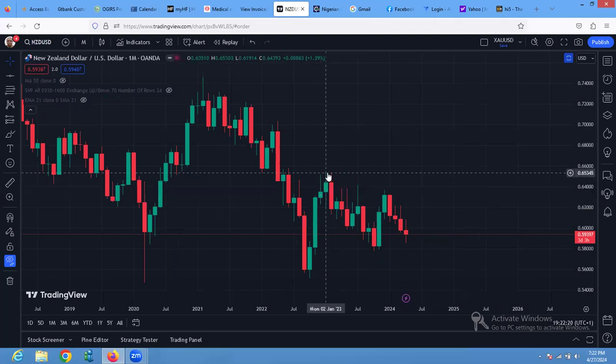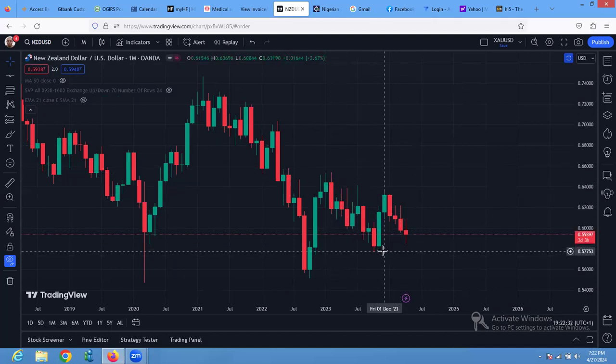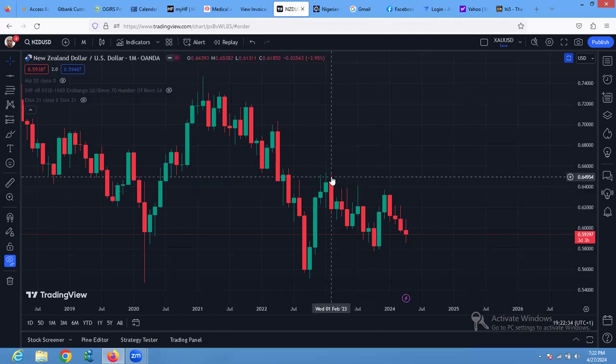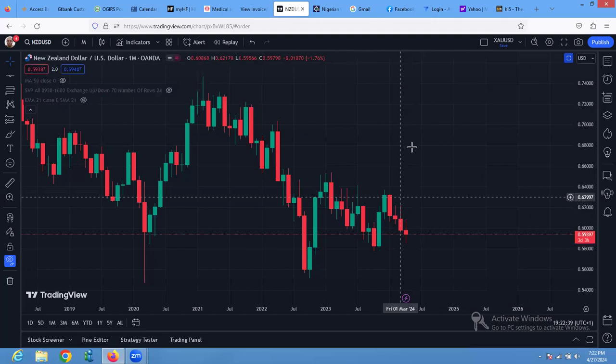So this for me looks like an A, and this is like a B, and we want to have a C, which is at least almost equal to a 100 extension to the upside. So we don't want to see price break this low now. If we have done an A here and a B here, we are looking at a C that is going to be in 5 motive waves to the upside.